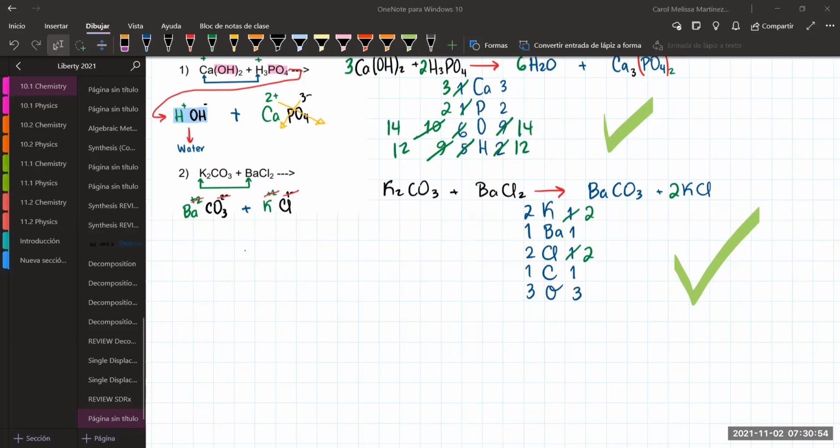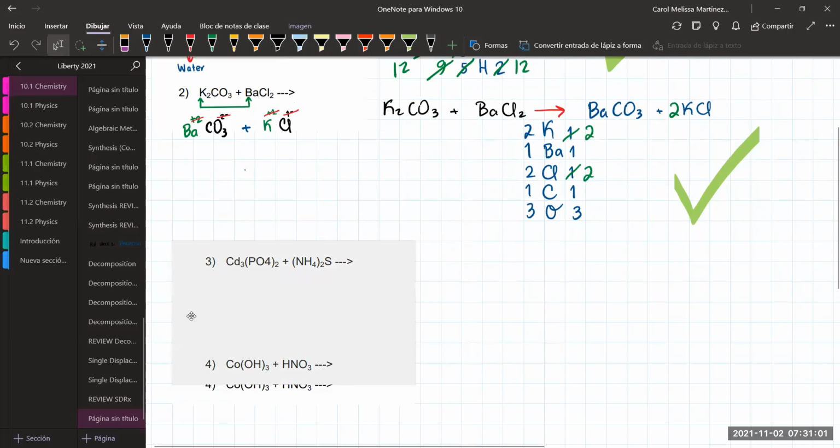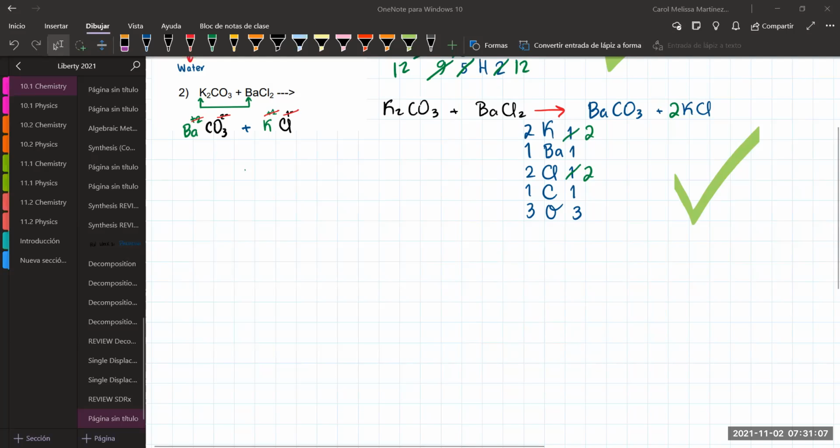So as you can see, guys, this procedure is very, very simple. But still, it's something that requires its own practice. It is good that you guys know about charges, about cross-crossing charges, about reducing and simplifying charges.